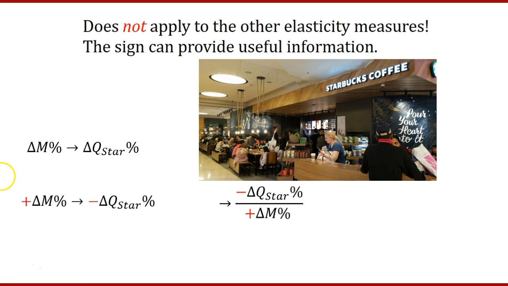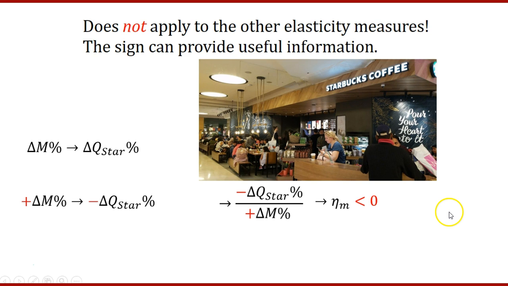Expressed differently, to calculate our income elasticity of demand coefficient, effect over cause: decrease in the quantity demanded of Starbucks due to an increase in income. Obviously, M here means income or money. So our coefficient is negative. A negative sign over a positive sign gives us a negative sign. That is, a number less than 0.